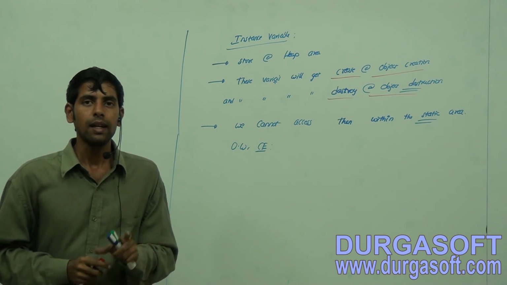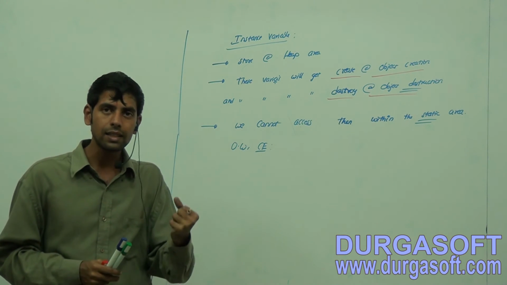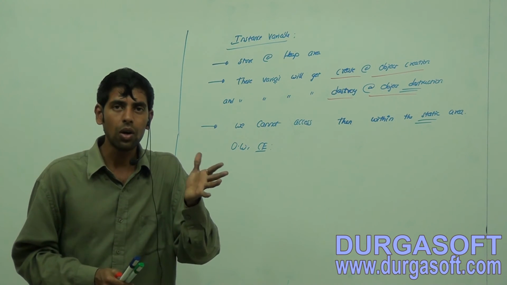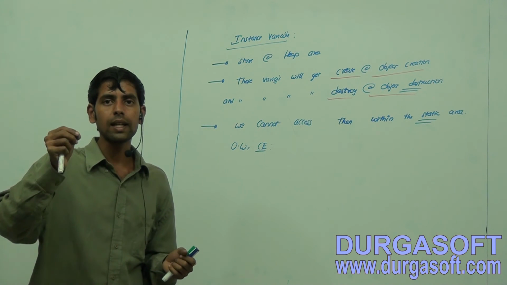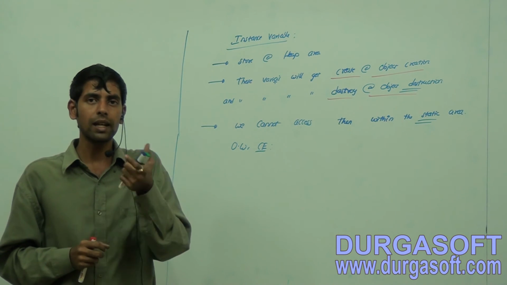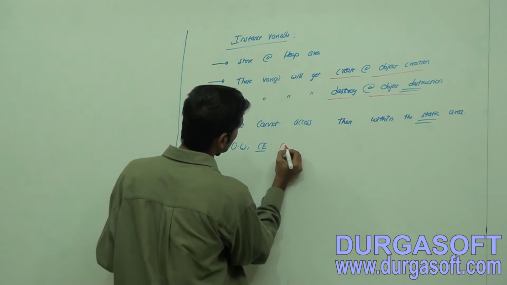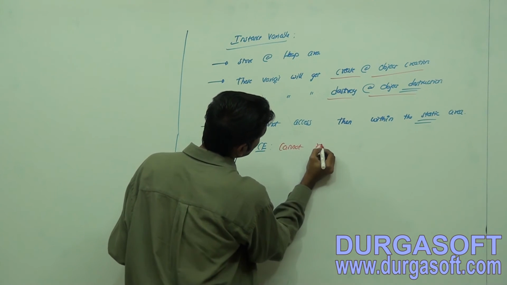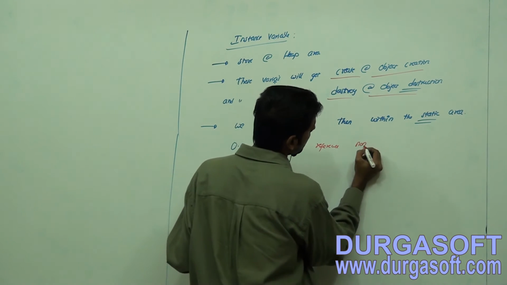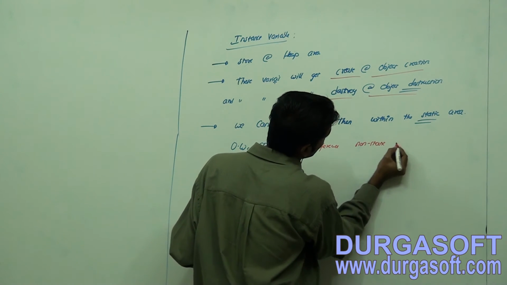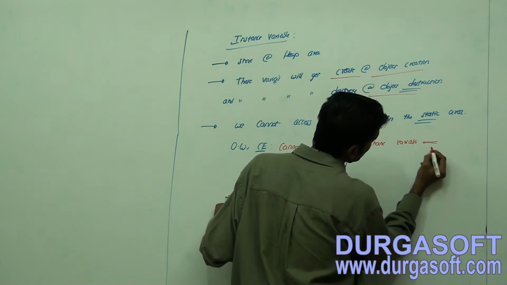What does that mean? Cannot reference or access instance, that is non-static, variables from the static context area. Cannot reference a non-static variable name.